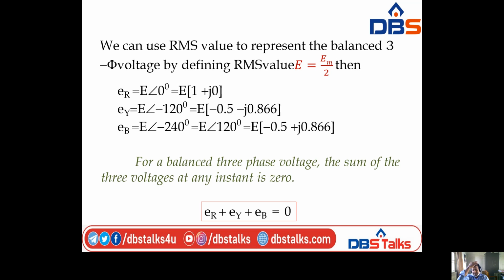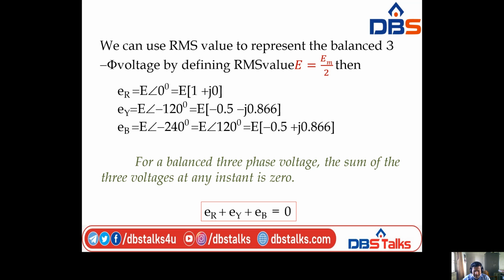Similarly, EB, E at an angle minus 240, or E at an angle plus 120 degrees, is equal to E into cos 120 plus j sin 120. So cos 120 is minus 0.5 and j sin 120 is j0.866, right?